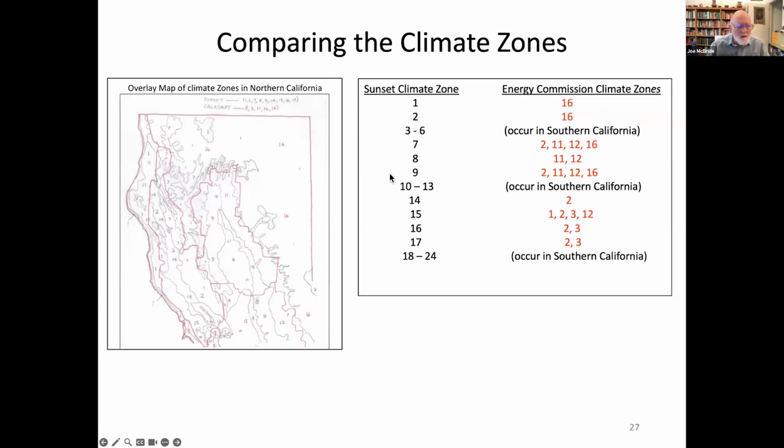A more complicated situation arises with Sunset climate zone 7 because it falls in these 4 climate zones that we were using in our evaluation of the impact of trees on increasing temperatures.